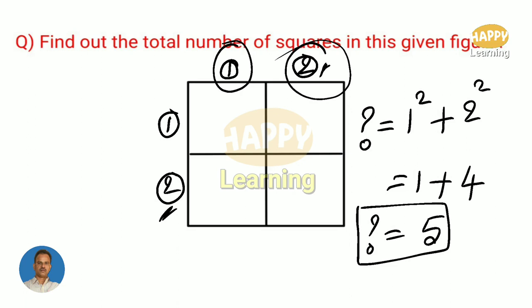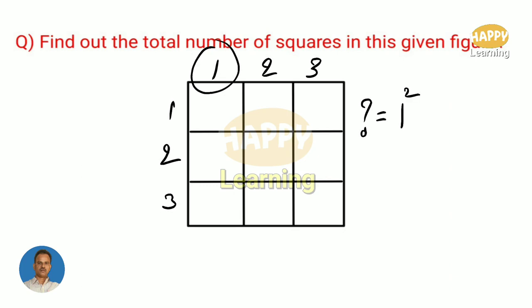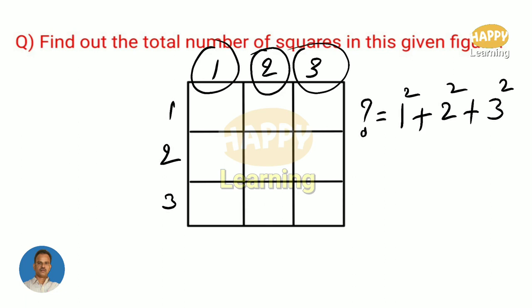Similarly, let us solve a 3 by 3 grid. So column 1, second column, third column, first row, second row, third row. To calculate the number of squares here: 1 square, this is done, plus 2 square, this is done, plus 3 square, this is done.